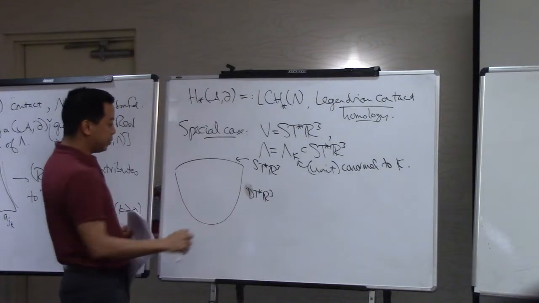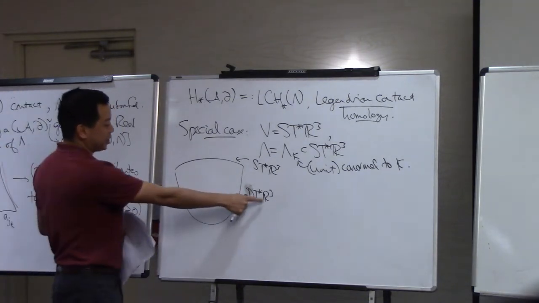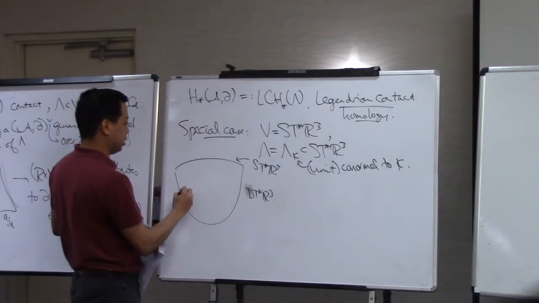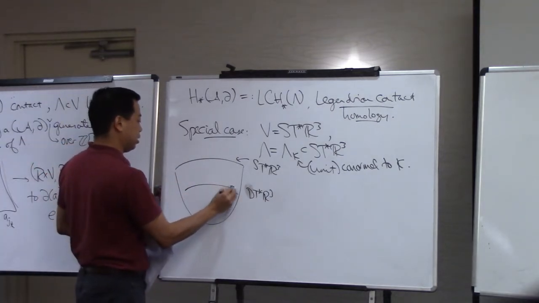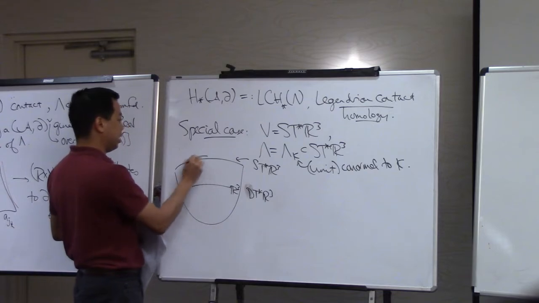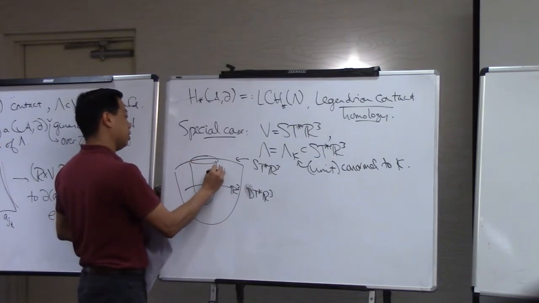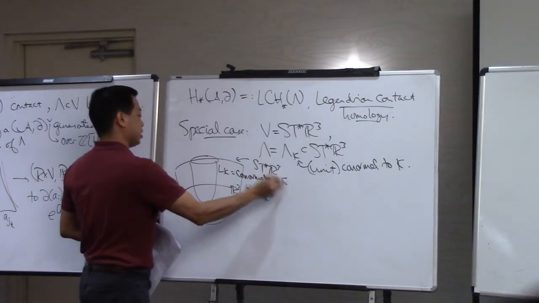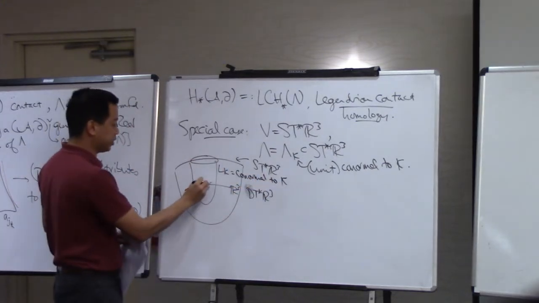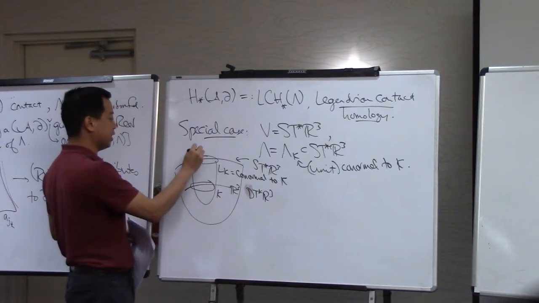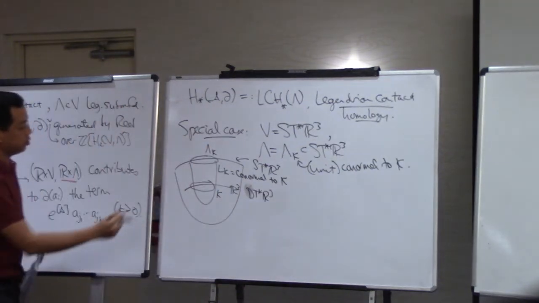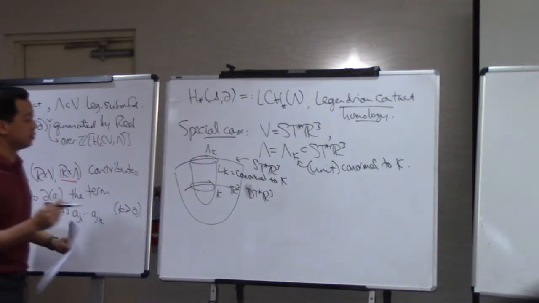If the non-compactness of R3 makes you upset, you can just replace that by S3 for most purposes. Here's the zero section, and here's the conormal to K, which is Lagrangian sitting inside of the symplectic manifold. It intersects R3 in K, and where it hits the boundary is lambda K.